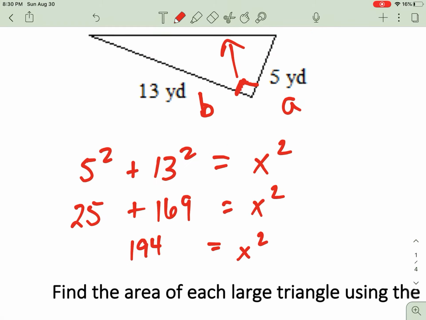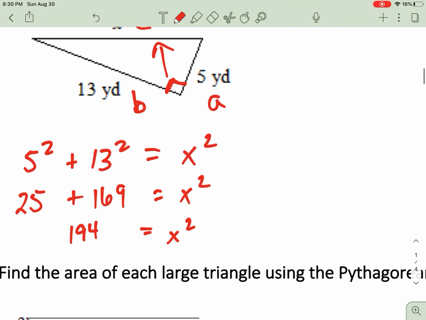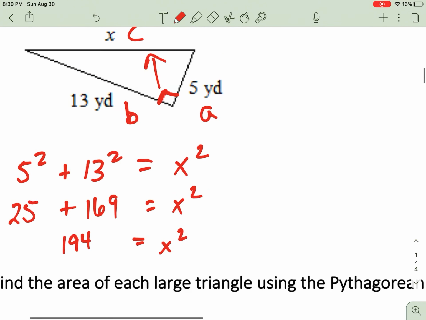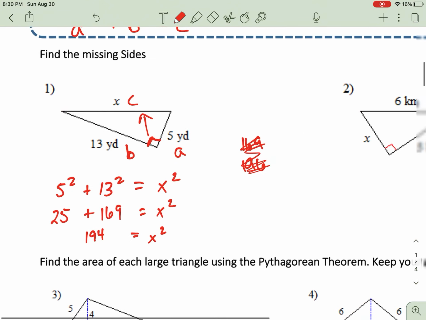Equals x squared. And at this point, now we can see we have 194, but here's the problem. 169 is a perfect square. 196 is a perfect square. So this is not going to be a perfect square. So this side length is going to be a little bit weird, right? So let's just use our calculator here.